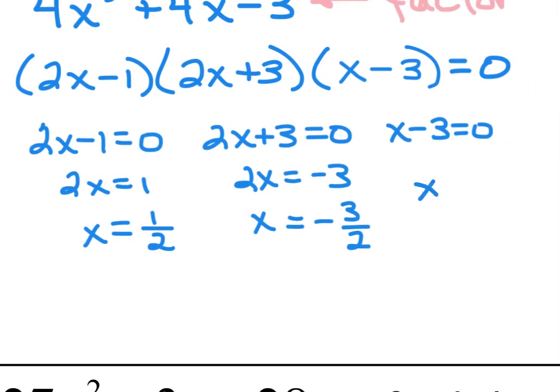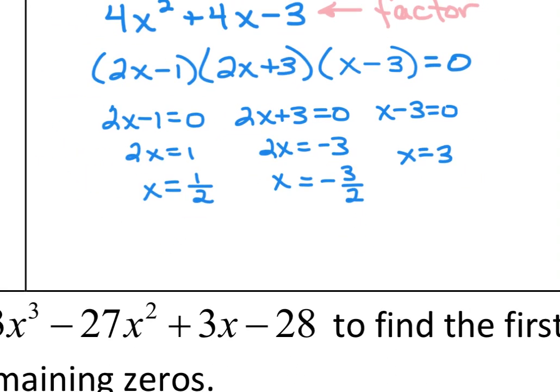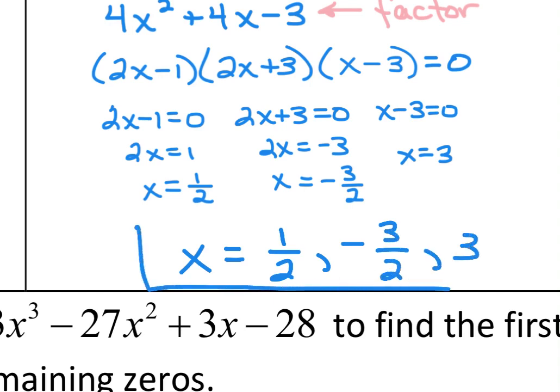And then x equals +3, which we had already known. And so my solutions, or the zeros of this equation, are 1/2, -3/2, and +3.